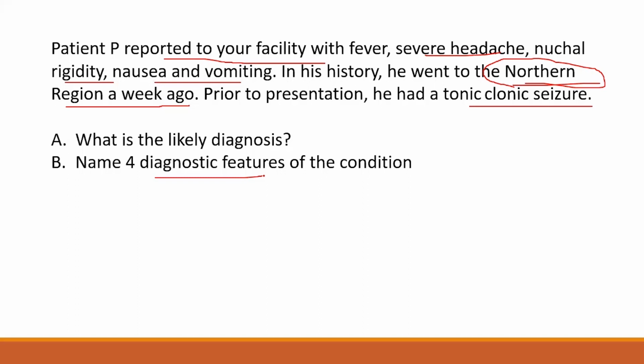And again, you can talk about photophobia. That is intolerance to bright light. You can also talk about phonophobia. That is intolerance to loud noise. You can also talk about intoxication syndrome.